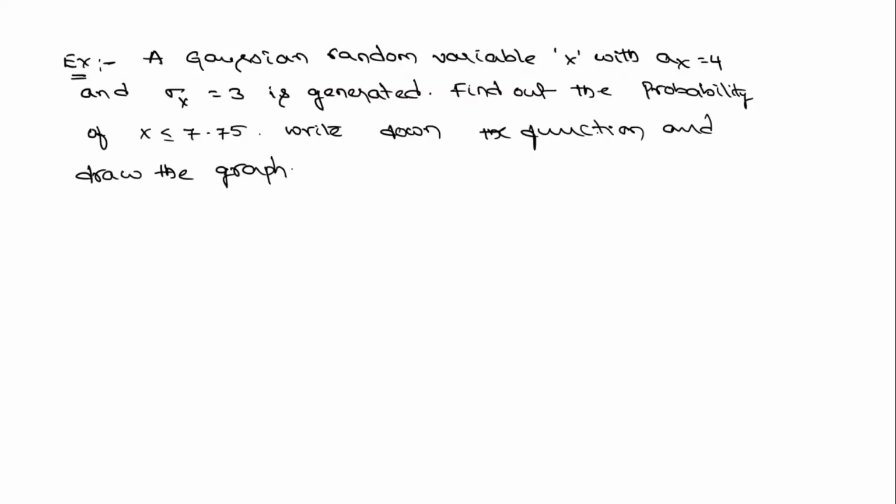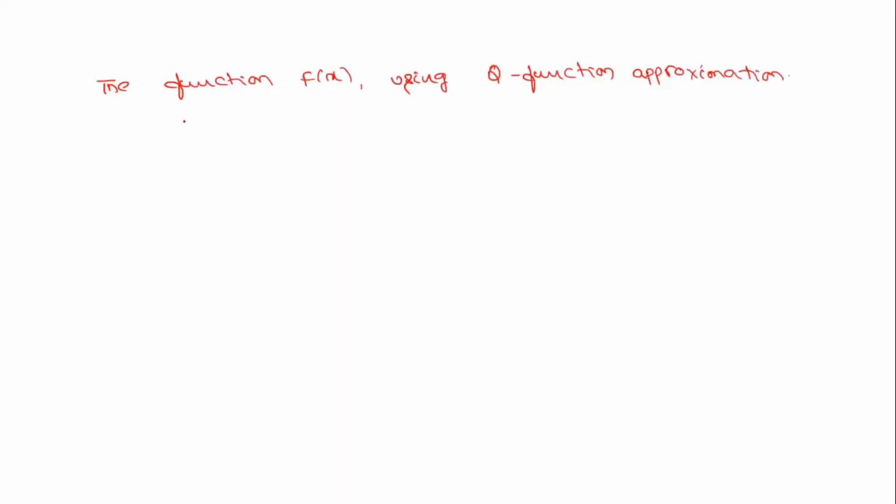And for this, we have one relation which is taken as f of x is equal to 1 minus q of x. So here q is taken as the Q function, which is 1 by root 2 pi integral x to infinity e to the power of minus x square by 2 dx.